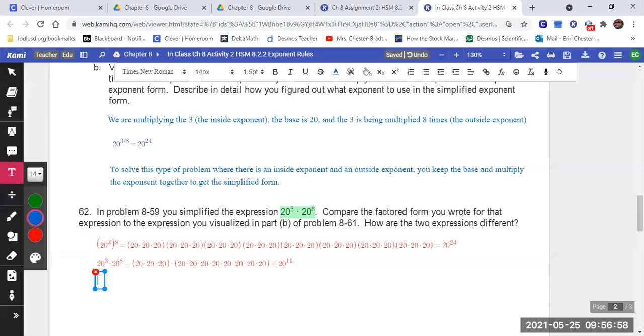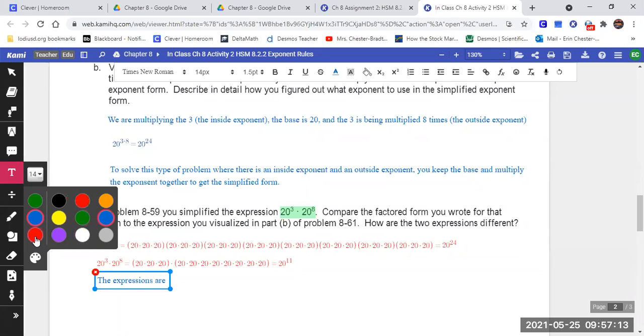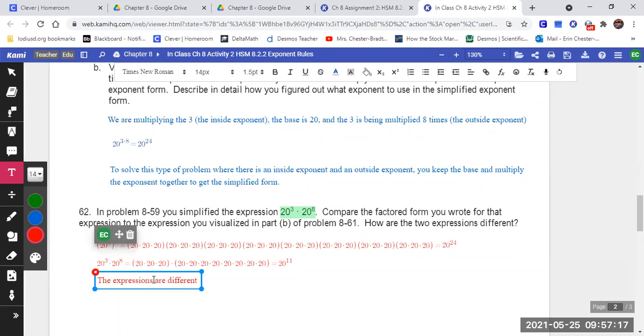What could I say is their differences? Look at the structure of the expanded form.